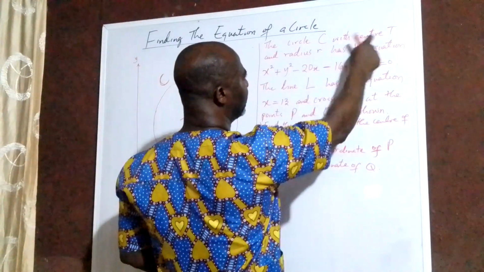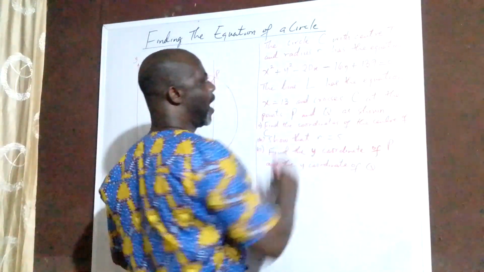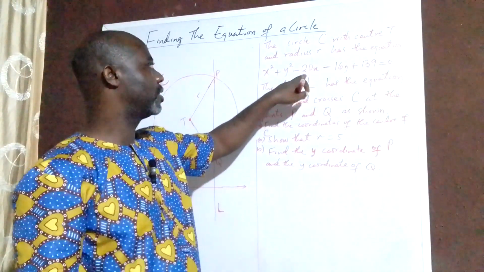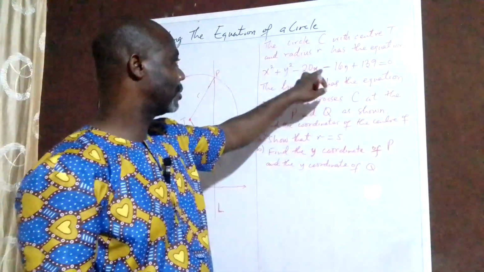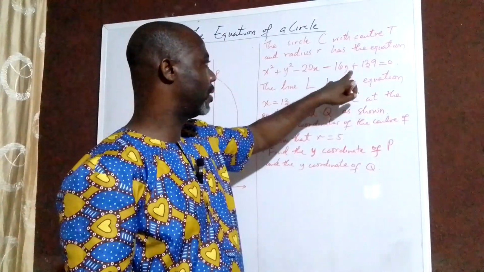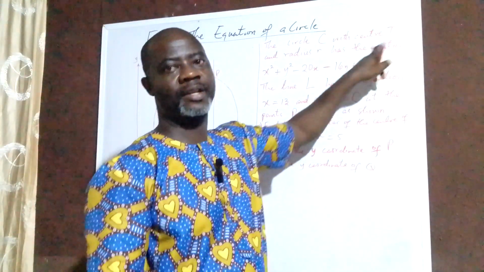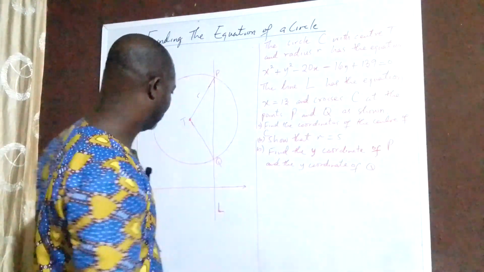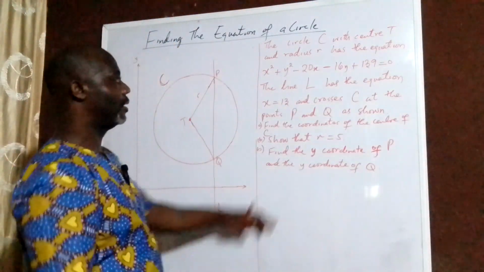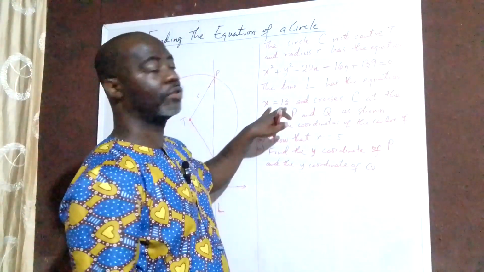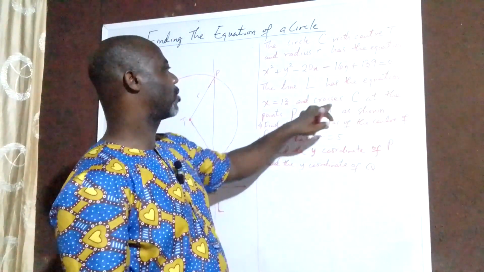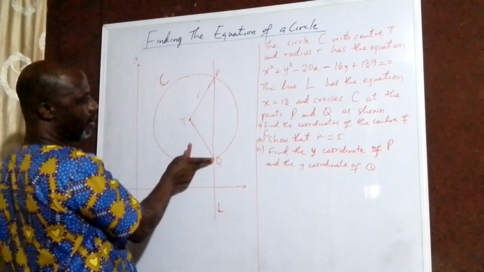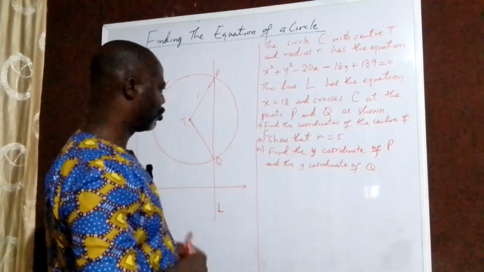The circle C with center T and radius R has the equation x squared plus y squared minus 20x minus 16y plus 139 equal to 0. Now the line L has the equation x equal to 13 and crosses C at P and Q as shown.